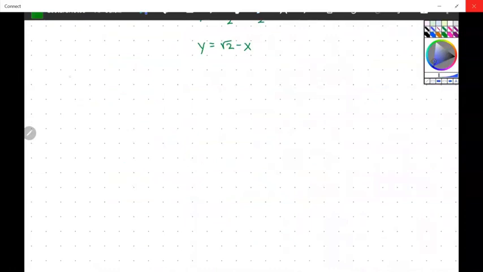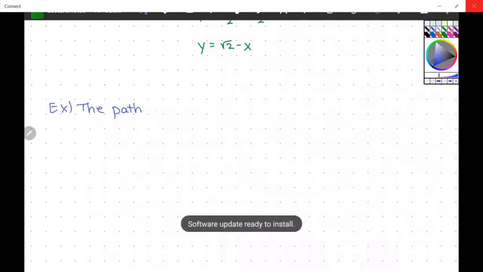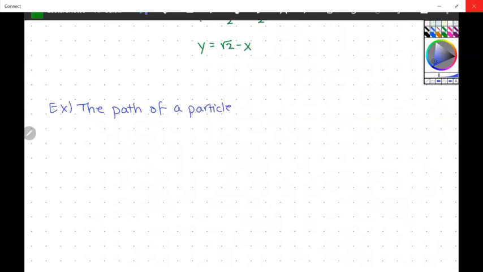All right, last example. The path of a particle satisfies, there's only one particle, satisfies dr/dt equals 1 minus 6 sine 3t, 1/5 t.